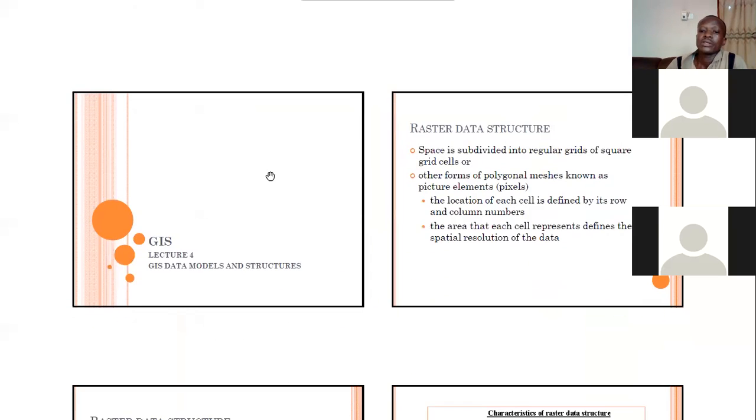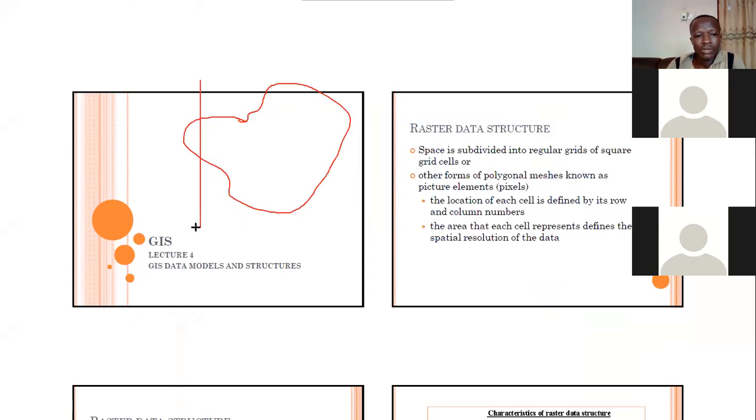So if you have space and you decide that you want to represent things in it, before I do that, I have an idea how to do it. I'm going to subdivide the area into regular grids or square grid cells.